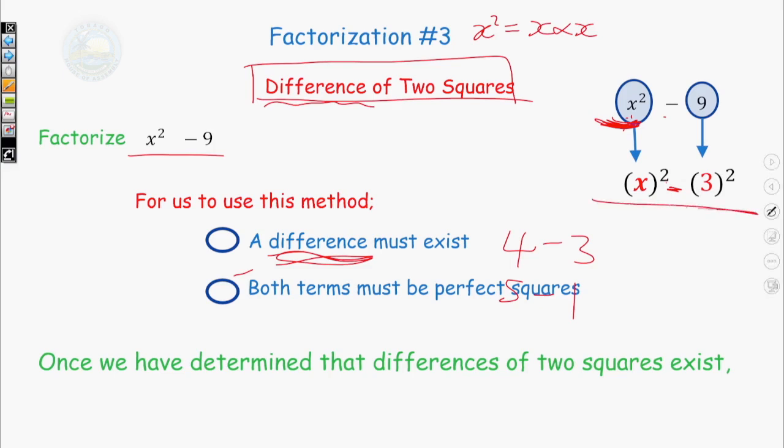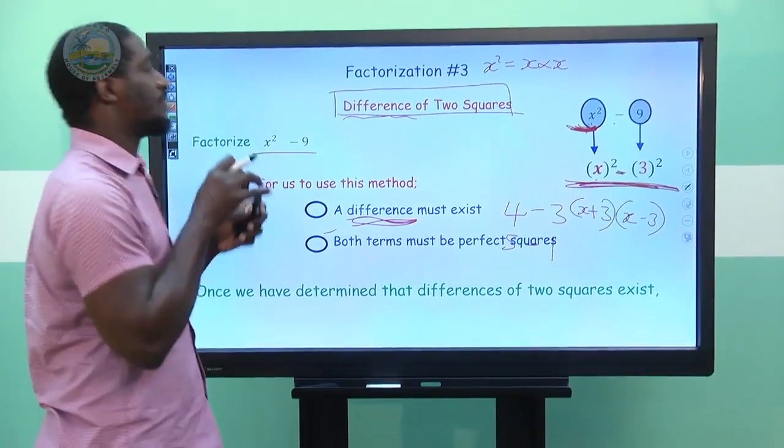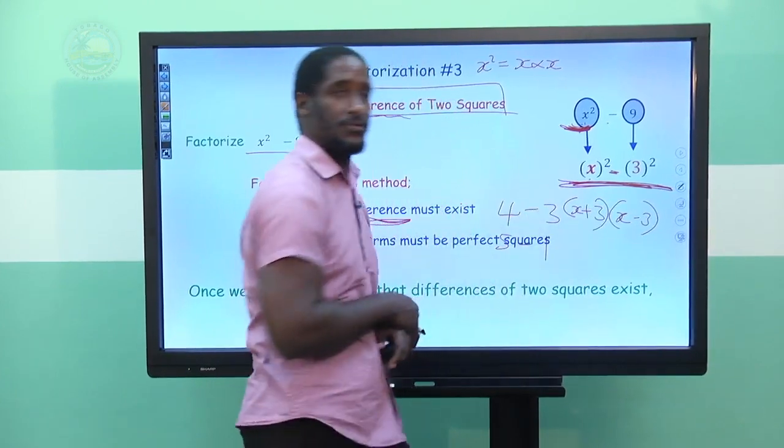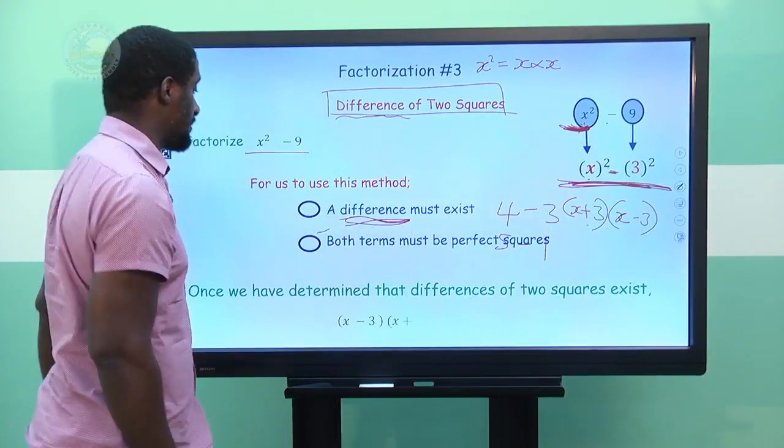Once we have established that differences of two squares is occurring in our problem, what we then do is take the first term, x, add it to the second one, and then take the first one, x, subtract from the second one. And we have completed our factorization. So our answer is x minus 3.